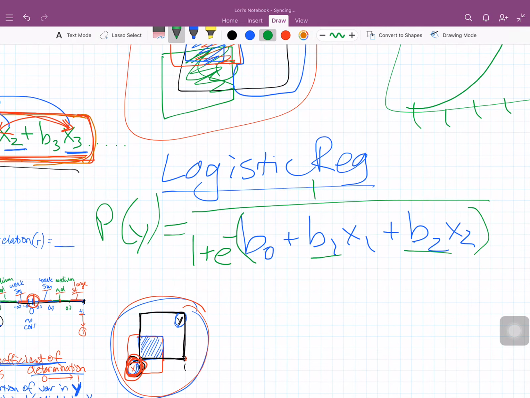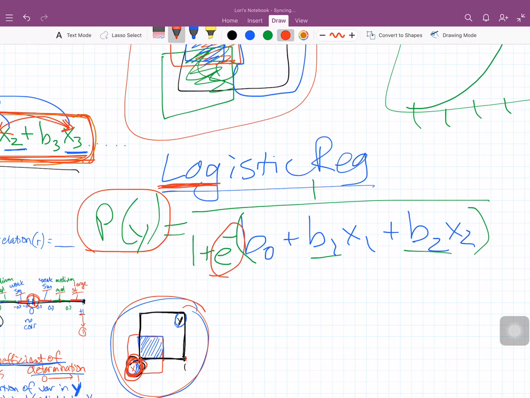So this is e to the negative, if you remember from your math class, if you take e to something, what that does is it log transforms that particular item. The main thing to remember with logistic regression, though, is that we're really looking at the probability of something happening or not happening. Did they get cancer or did they not get cancer?